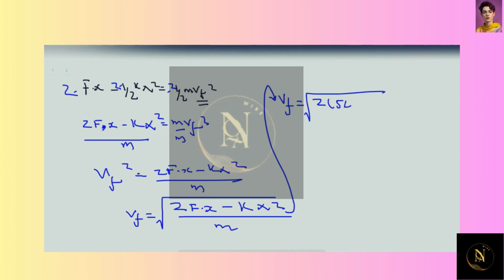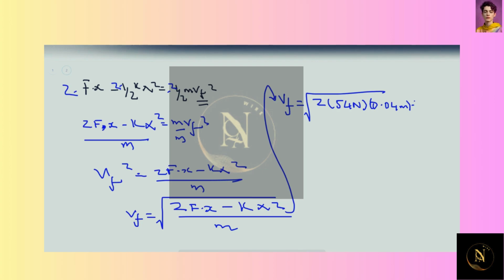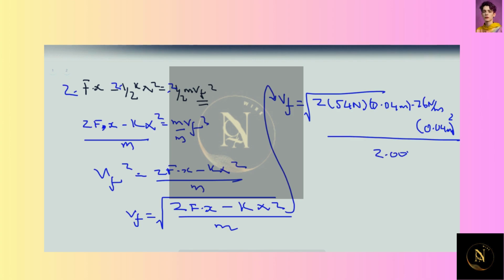So this is 54 newtons times the displacement 0.04 meters minus K. If you go back, you see that K happens to be 76 newtons per meter, times x squared, which is 0.04 meters squared. And then we don't forget to divide by the mass itself. And the mass happens to be, if you go back, 2.00 kilograms. Just make sure this radical goes all the way.